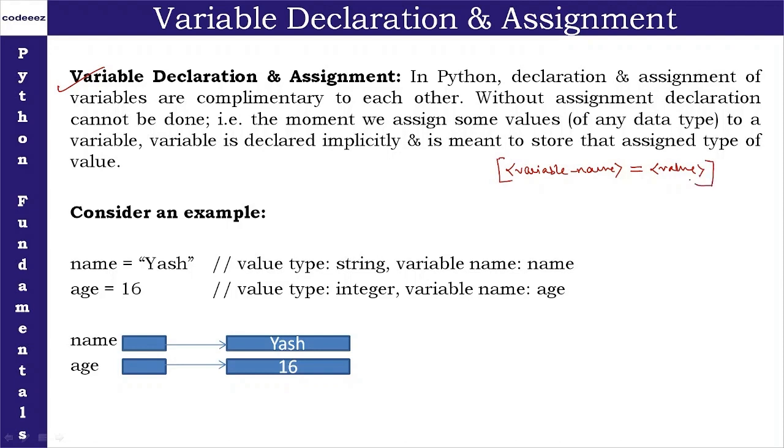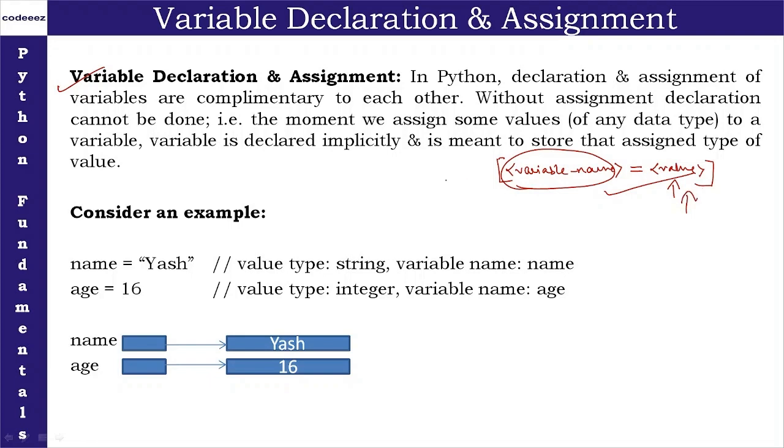So what we have to do is simply name a variable and assign a value to it, and the Python interpreter takes care of the rest of the things. The moment we assign the value to a variable, that variable is declared implicitly, and it is meant to store the type of value we have assigned, right?